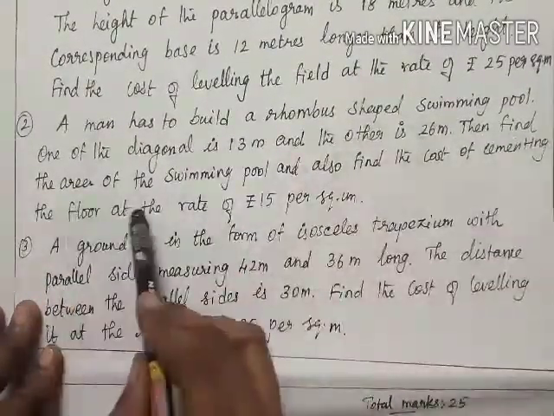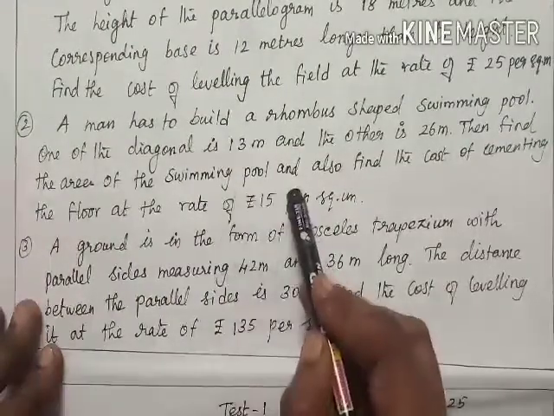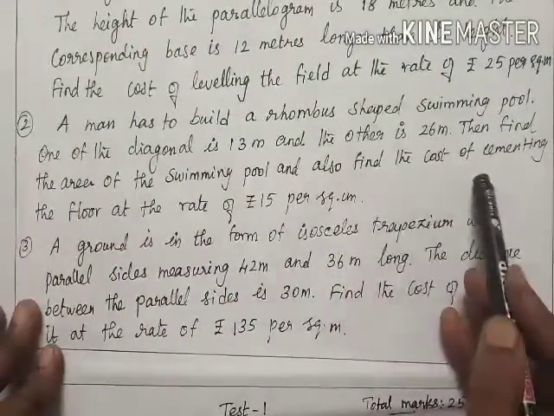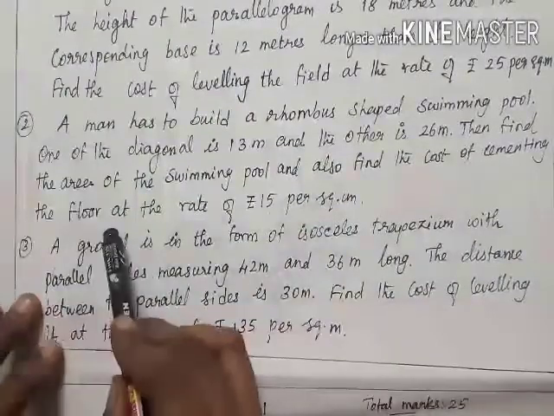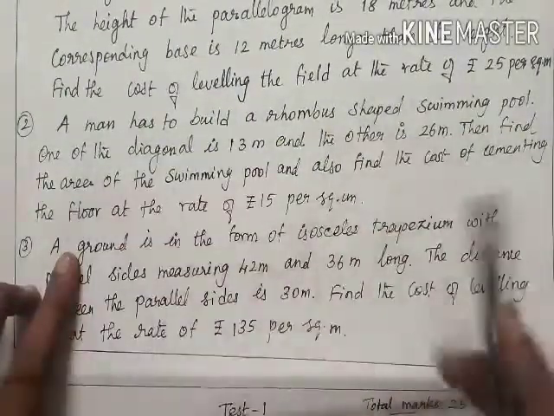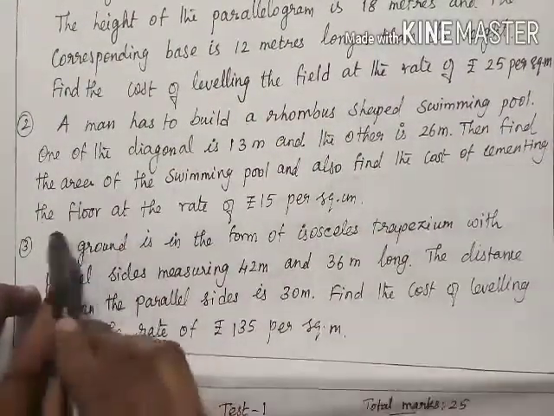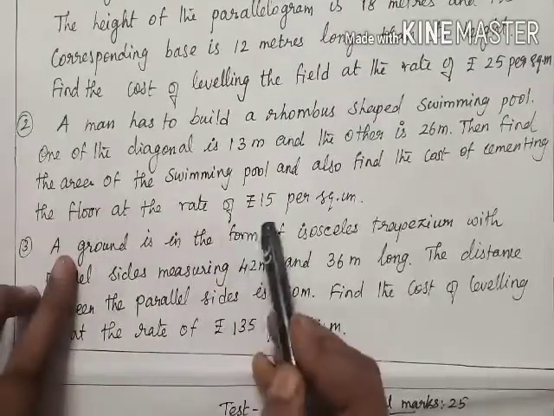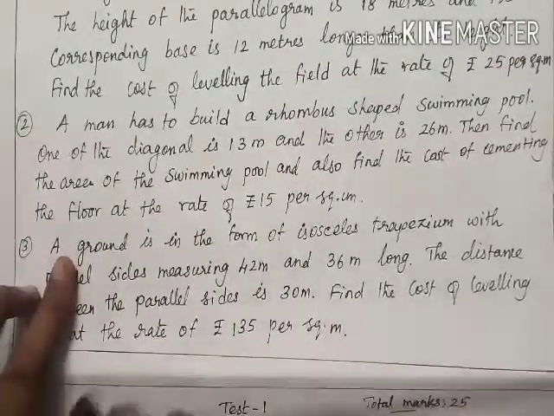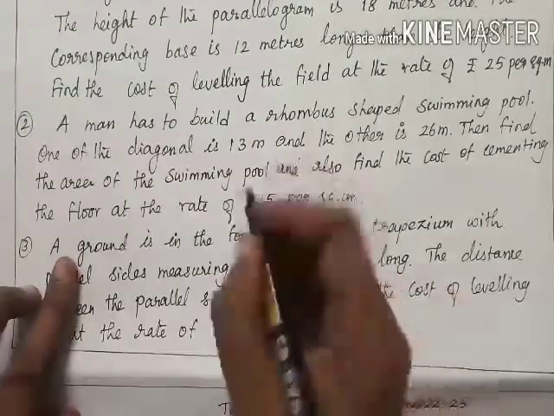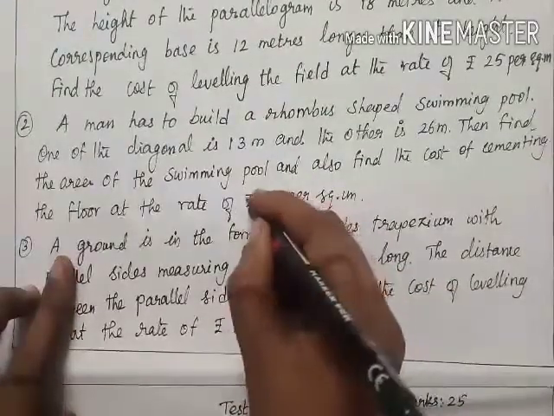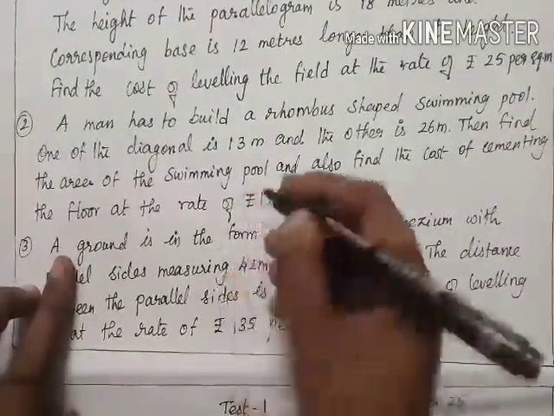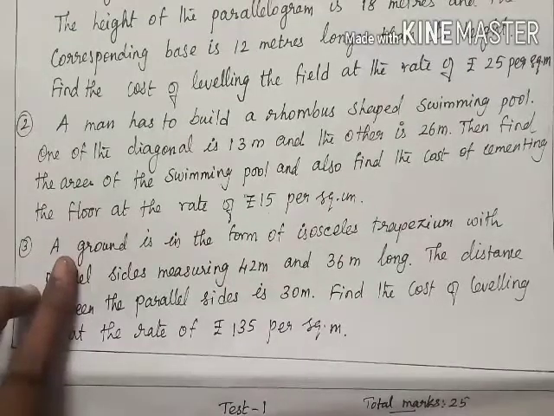Then find the area of the swimming pool and also find the cost of cementing the floor at the rate of rupees 15 per square meter.